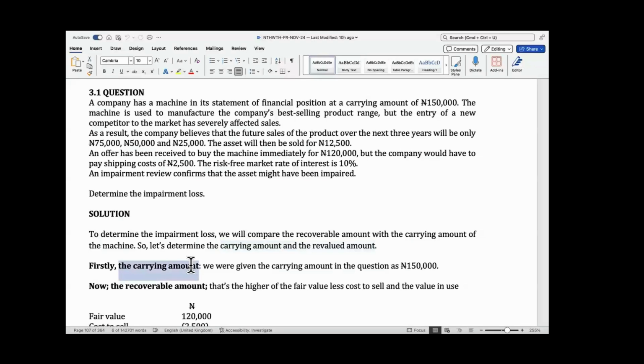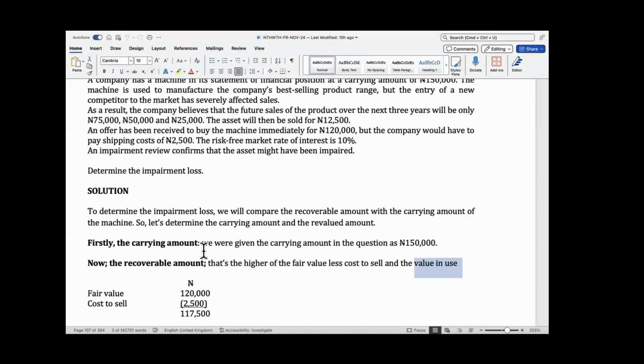The carrying amount, they give us as 150,000 here, 150K. The recoverable amount, I already told you, is the higher of the fair value less cost to sell and the value in use. Firstly, let's determine fair value less cost to sell. Fair value is the selling price: how much you can sell the asset for immediately, today, not in the future.